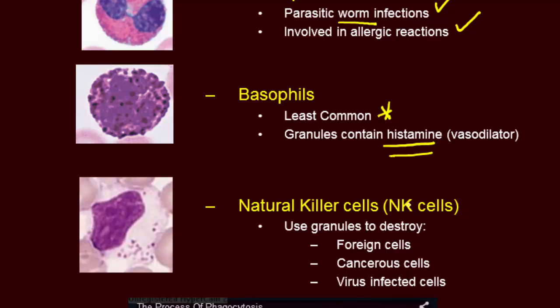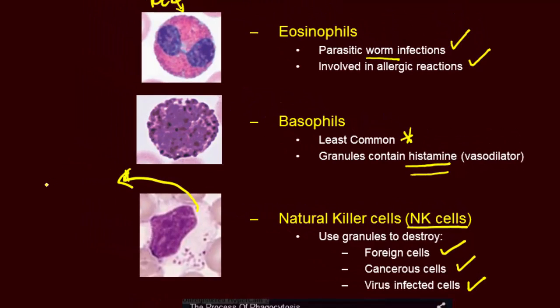Natural killer cells. Natural killer cells are also granulocytes, all right, oftentimes referred to as NK cells. Their cytoplasmic granules are very good at essentially killing and dealing with foreign cells, cancerous cells, and virus-infected cells. So what natural killer cells do is they deal with cells that are largely abnormal. Okay, and what happens is if a natural killer cell recognizes that a cell is abnormal, it will dump out its cytoplasmic contents.